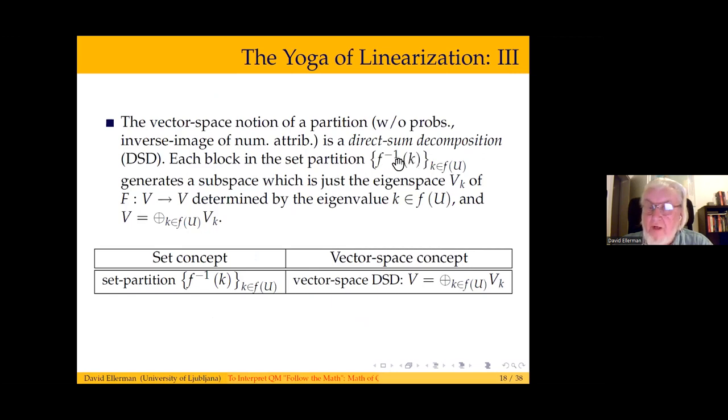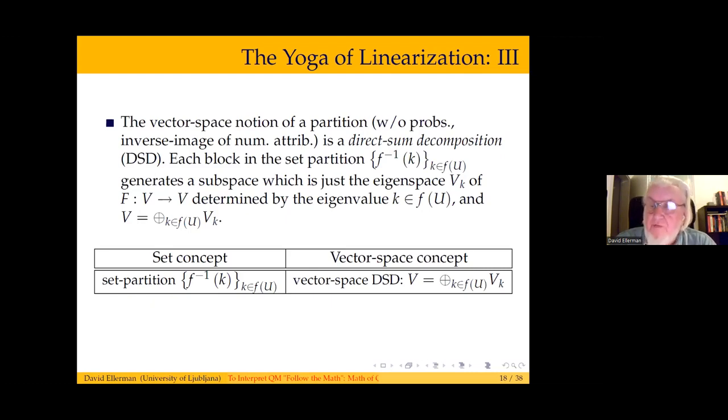Well, each one of these generates that subspace V_k here, and those subspaces are disjoint in the sense they only intersect in the zero vector, and they form a direct sum decomposition. So the notion of a direct sum decomposition of a vector space is the vector space version of a partition without probabilities. And of course, this direct sum decomposition is exactly what you get as the eigenspaces of an observable. So what's important in an observable is not so much the exact numerical values, but where eigenvalues are the same and where they differ.